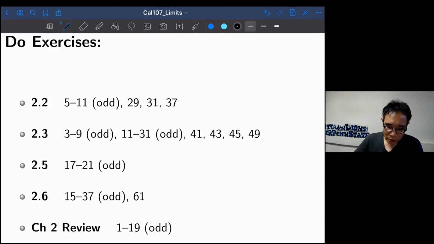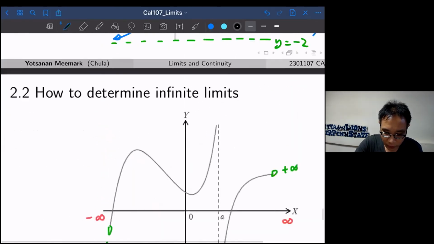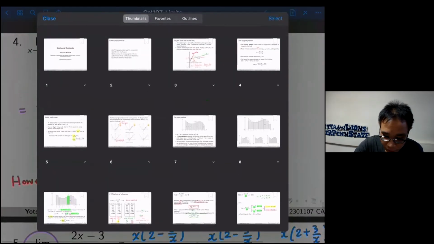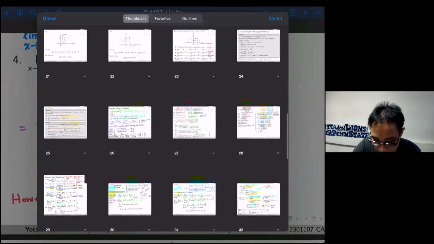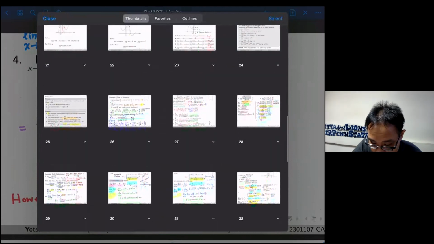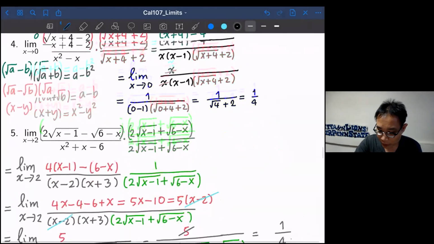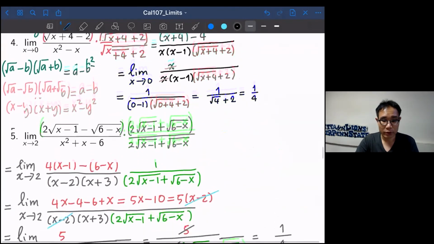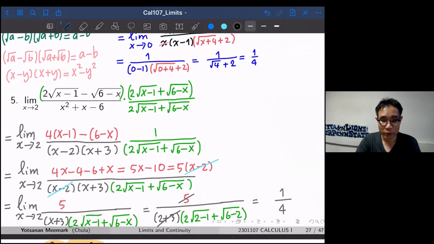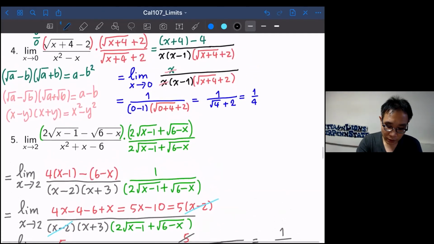Before I finish, I have one mistake to correct. Let's go back to page 27. I think I forgot the minus sign here.